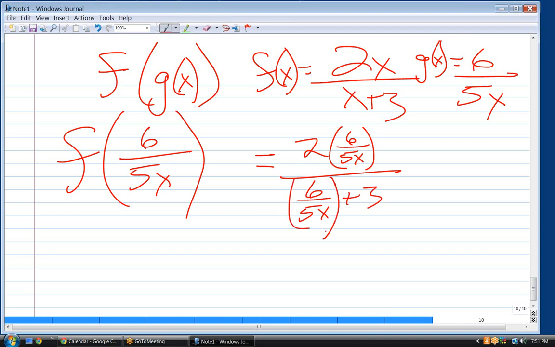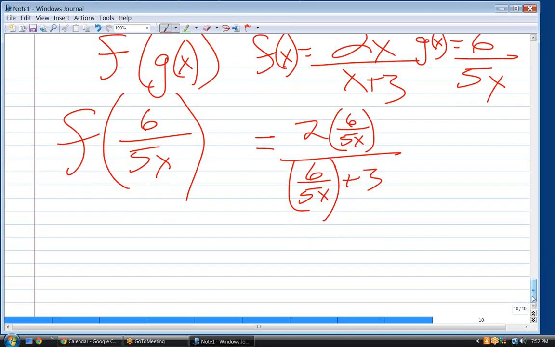That always is going to be my first step, not to even do any simplification at all to begin with. This isn't a satisfactory answer, so what can I do next? Multiply. Well, yeah, I could certainly multiply the 2 out. Make that 12. Now what?